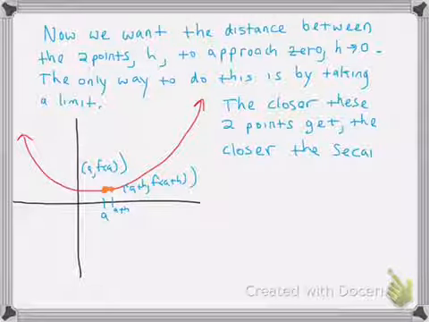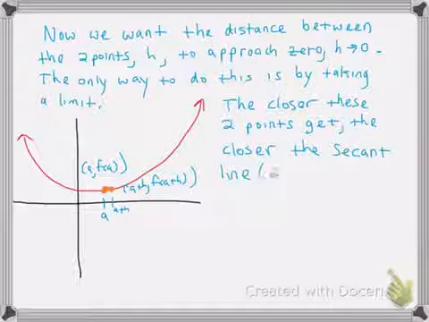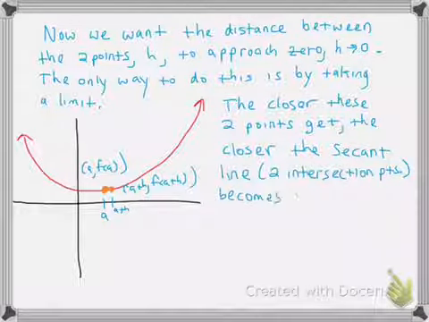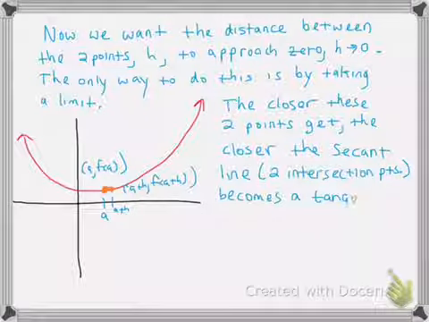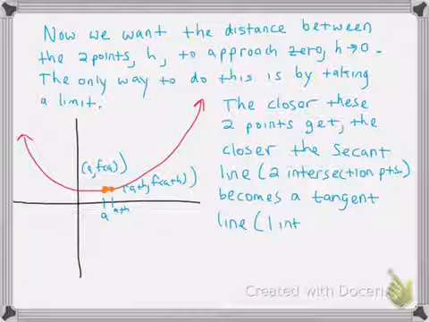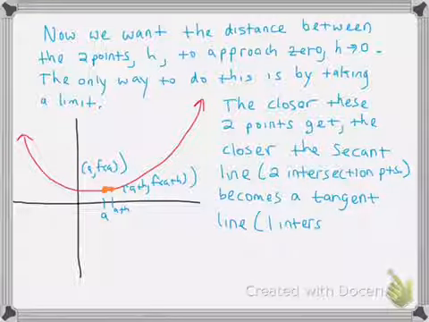We go from 2 intersection points to actually having 1 intersection point, which is my tangent line. That's what we wanted. So as you can see, the closer these 2 points get, the closer the secant line, which was 2 intersection points, becomes a tangent line, which is actually going to be 1 intersection point.